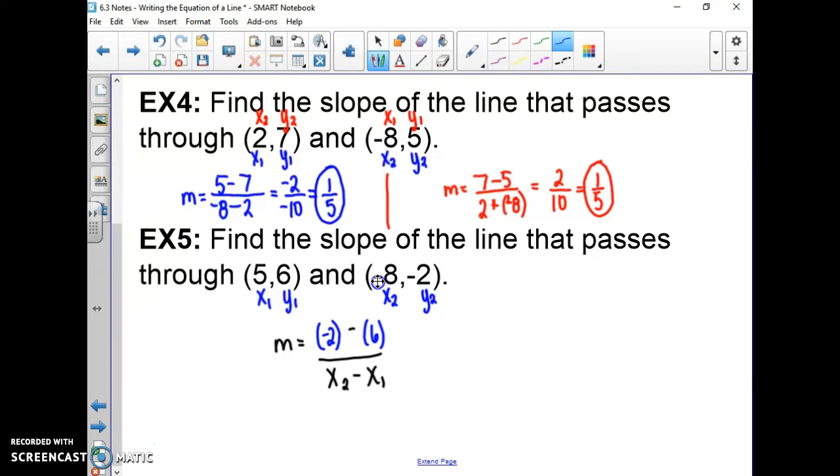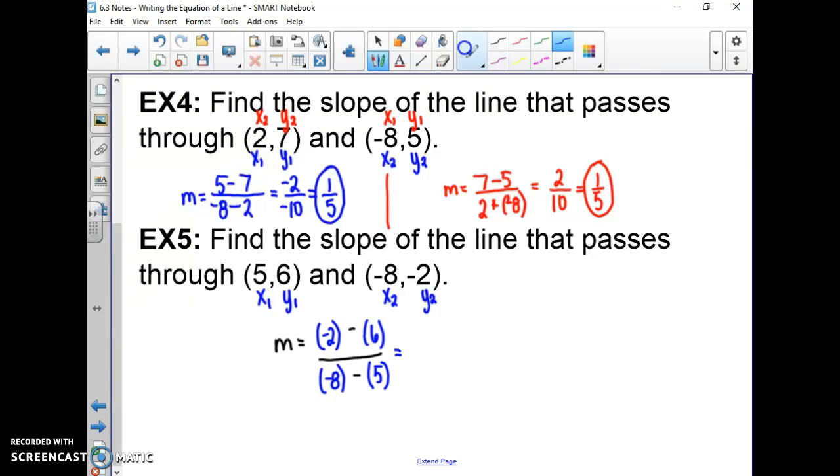My x2 is negative 8, so I put negative 8. And my x1 is 5, so I'm going to put the 5 here. Now I just have to calculate the value and reduce it.